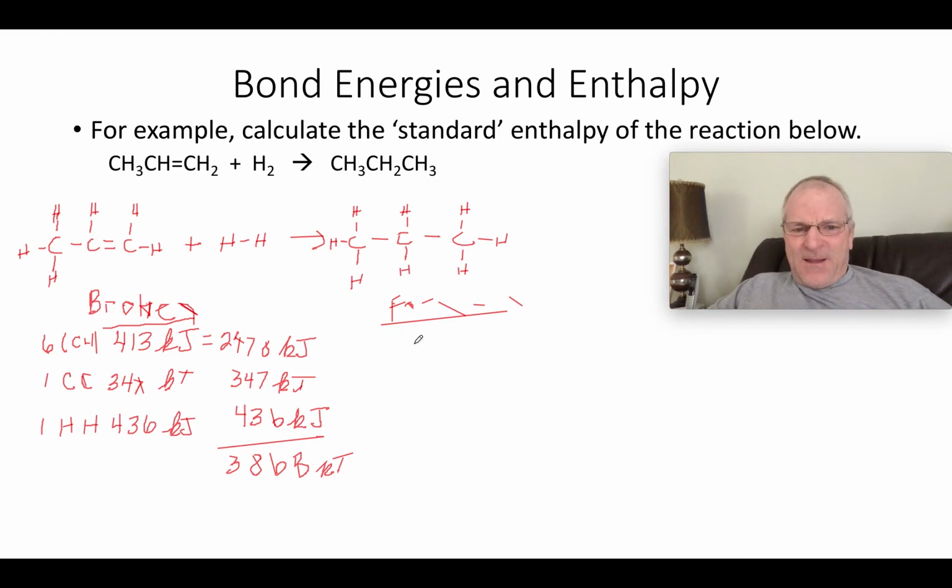There are 1, 2, 3, 4, 5, 6, 7, 8 carbon-hydrogen single bonds, to the tune of 413 kilojoules apiece.